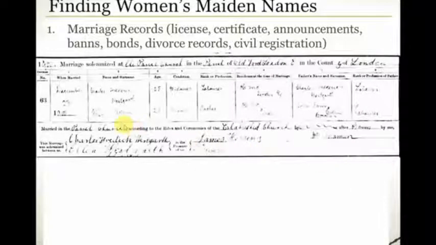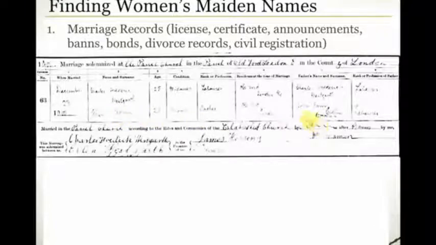Here's just one example. This couple was married on December 23rd, 1900 in the parish of Old Ford, London. Here's the name of the groom, and here's the name of the bride, Ellen Adams. Now, before you get so excited that you found her maiden name, this 20-year-old woman was a widow. And so it's possible that Adams is not her maiden name, but the last name that she had previous to this, her previous husband.